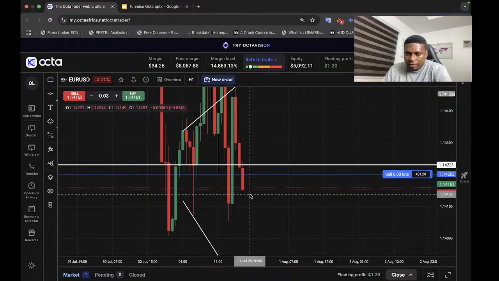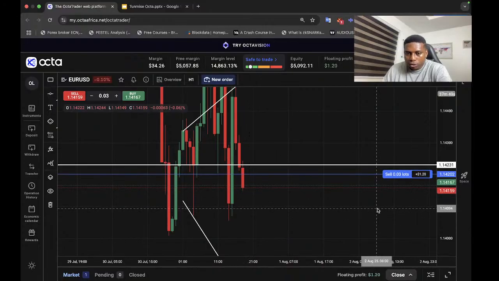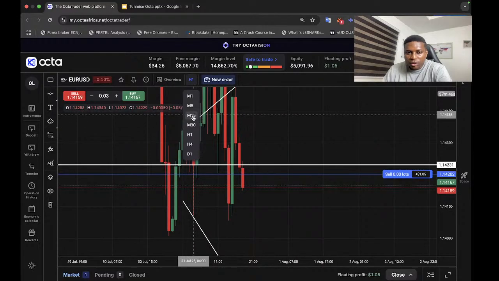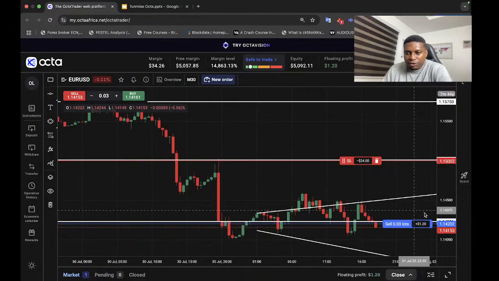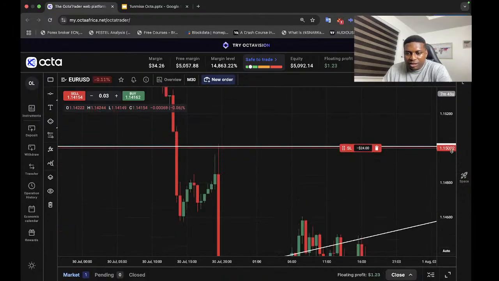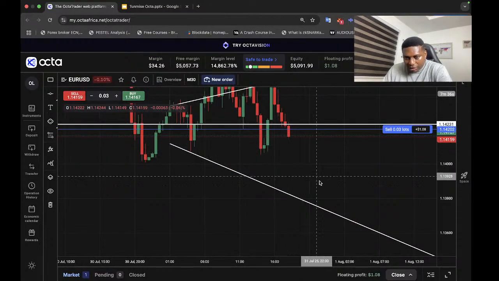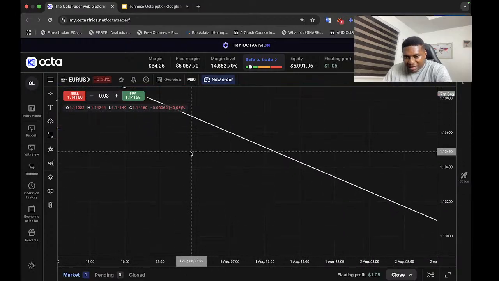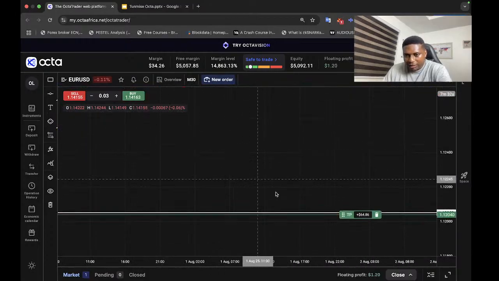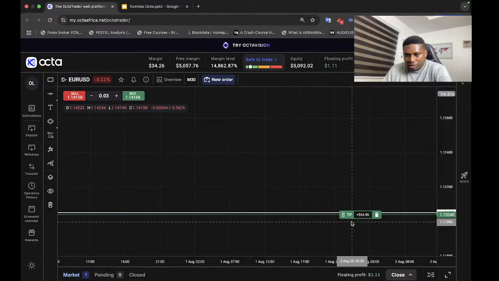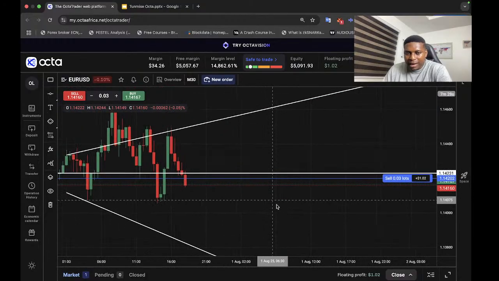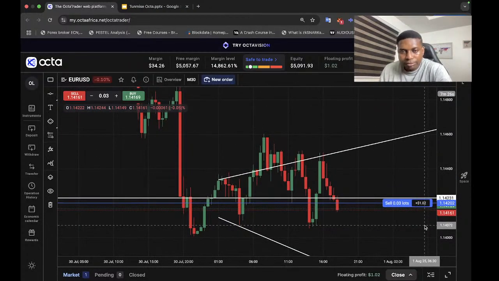So if we go down to the 30-minute time frame, you can clearly see the sell position that we are currently in, that we foresee that price will drop further down to this level. Okay, and that is our outlook on EURUSD.